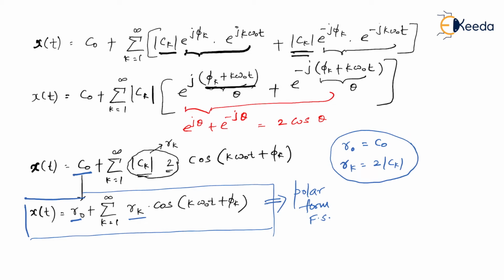So this is the important relationship we should understand. So this is how polar form Fourier series gets into picture. So if I tell you this relation directly, then this doubt comes in picture from where this relation has come. So for that purpose only we have derived it so far. Of course, from GATE point of view, this is not important, but even if you are appearing for IES, that is Indian Engineering Services, then even derivations are important.